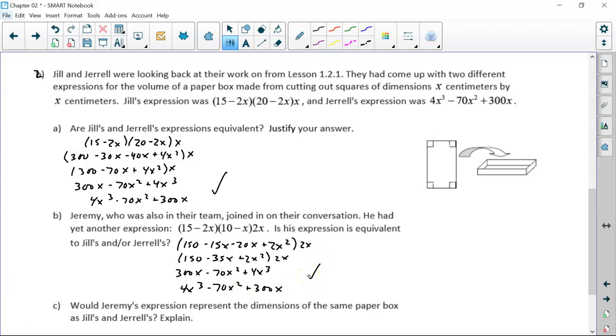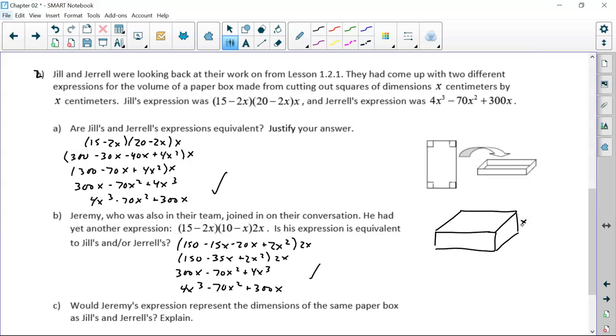Now, would Jeremy's expression represent the same paper box? If we think back to earlier in chapter 1, where we took the box and folded it, the box height when we cut and folded was x.